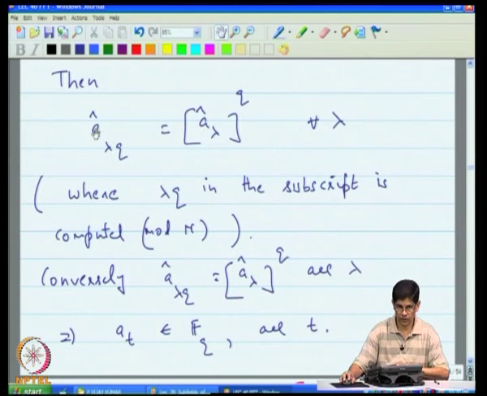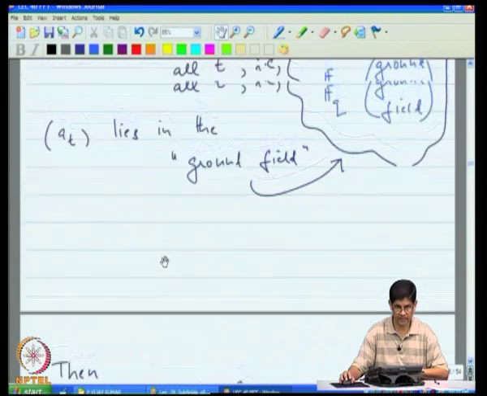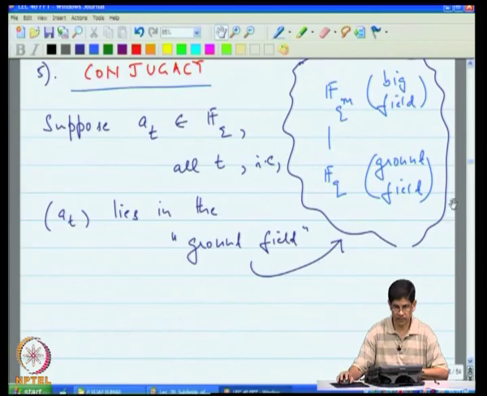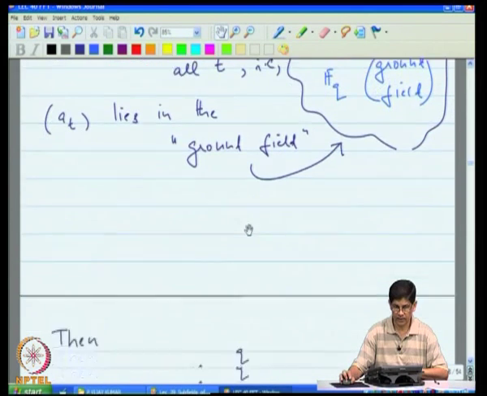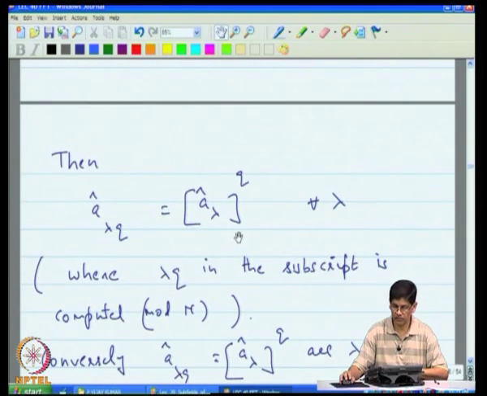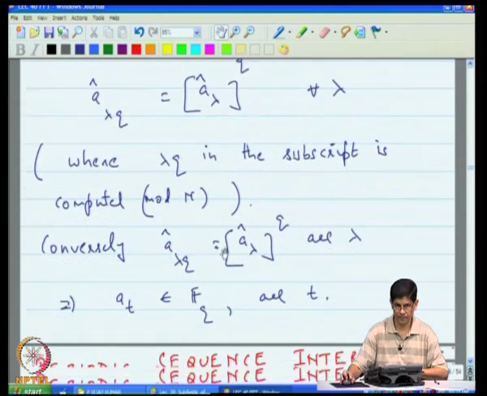Again, lambda q is a computation that you are doing in the subscript, and as I have pointed out, either with the sequence or its transform, whenever you do arithmetic in the subscript, this is computed modulo n. So what this is saying is that if my sequence lies entirely in the ground field, then the transform satisfies this conjugacy constraint.